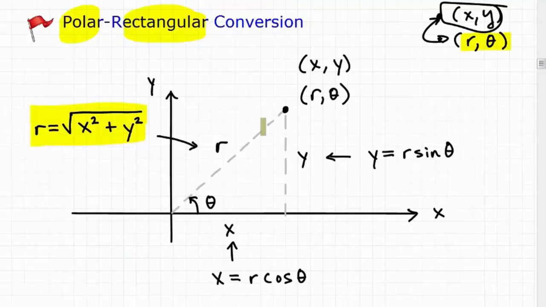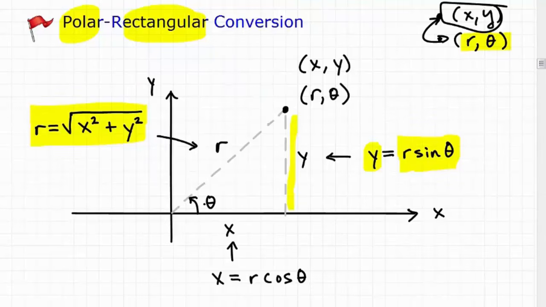And then using basic trigonometry, I could use the definitions of sine, cosine and tangent to get these various lengths. So y, for example, is equal to r times the sine of theta. Again, basic trig.